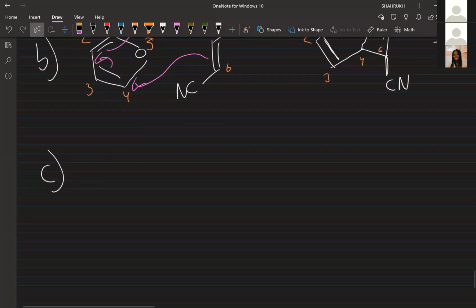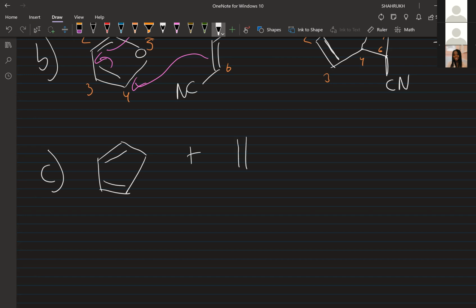And even if one is non-symmetrical and the other is symmetrical, it won't affect the product, how they align with each other. So in this case, you'll see that only our diene is symmetrical, and we have an unsymmetrical dienophile, right? But it won't affect the outcome of the product, or where they react with each other.